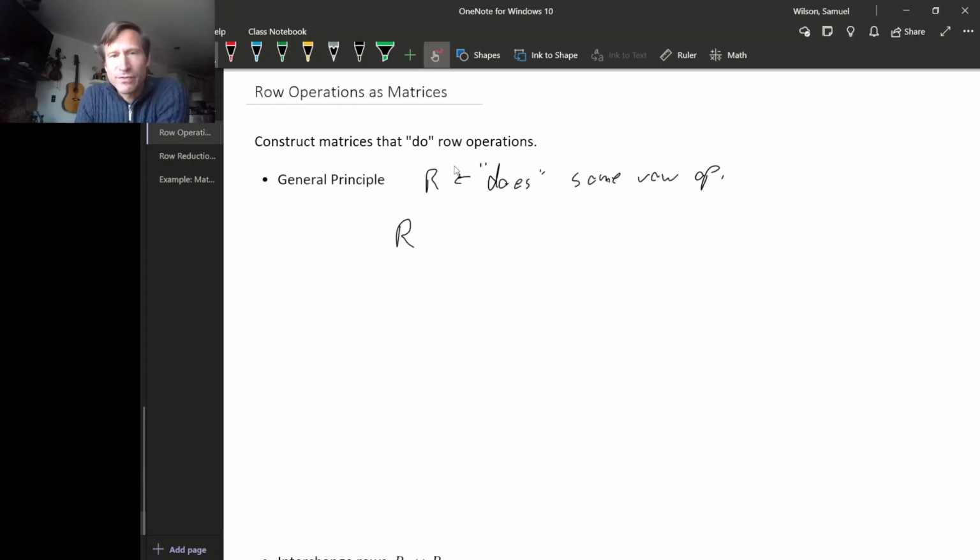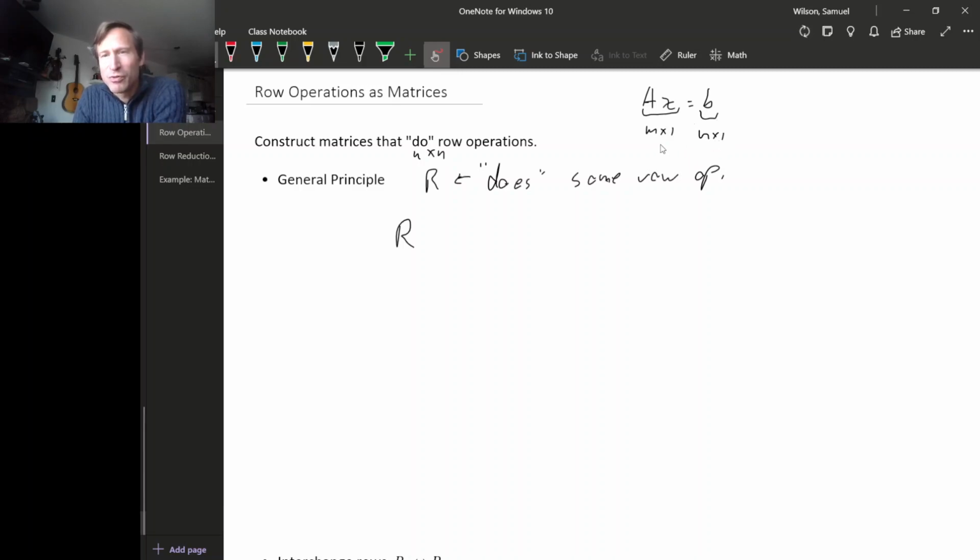In particular, what we can do is multiply. It will turn out that this has to be square. So let's say it's n by n. It has to be square because if we're thinking about multiplying both sides of an equation like this by one of these matrices that does a row operation, on the left here, this matrix product is going to be m by 1, and this vector is m by 1.